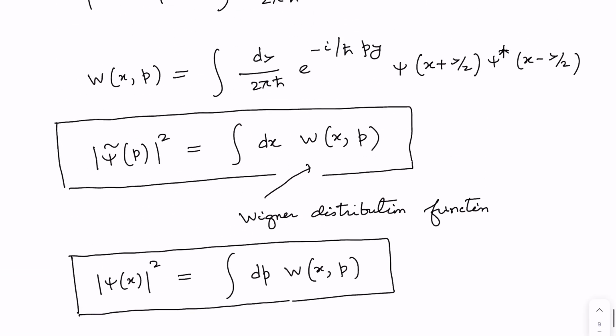Because generally these wave functions are not in a pure state, they are in a mixed state, so I have to take the ensemble average.